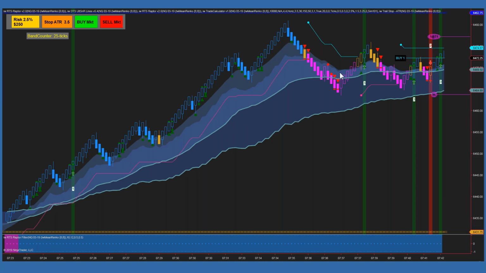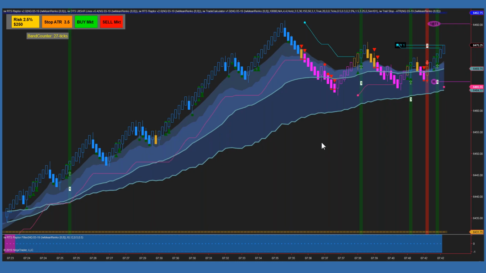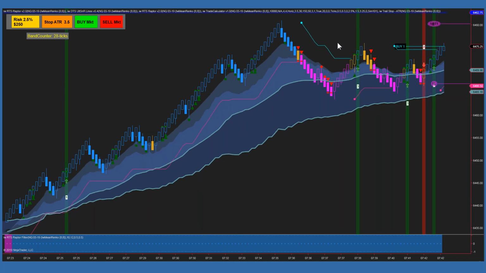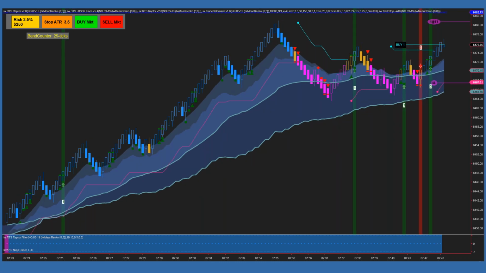This little sideways trading range that's developing may give us an opportunity to bracket it. So here's our trading range, looks something like this.